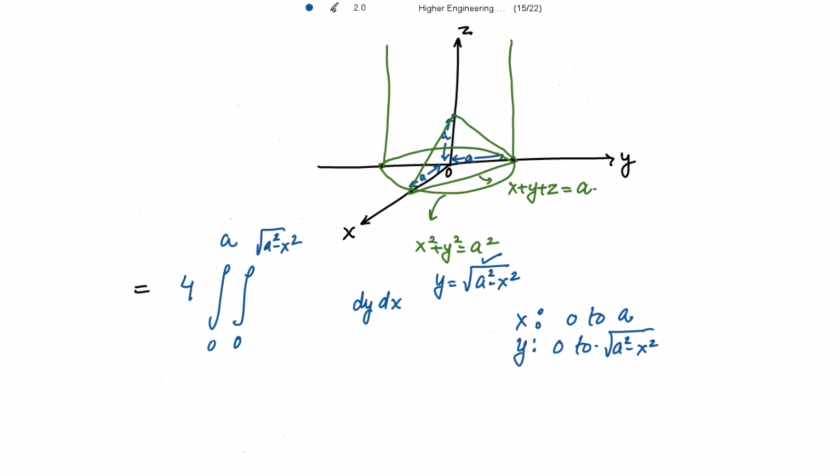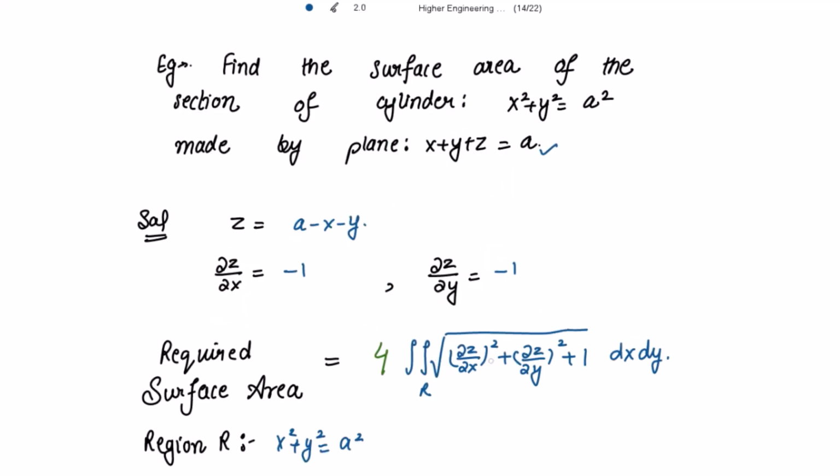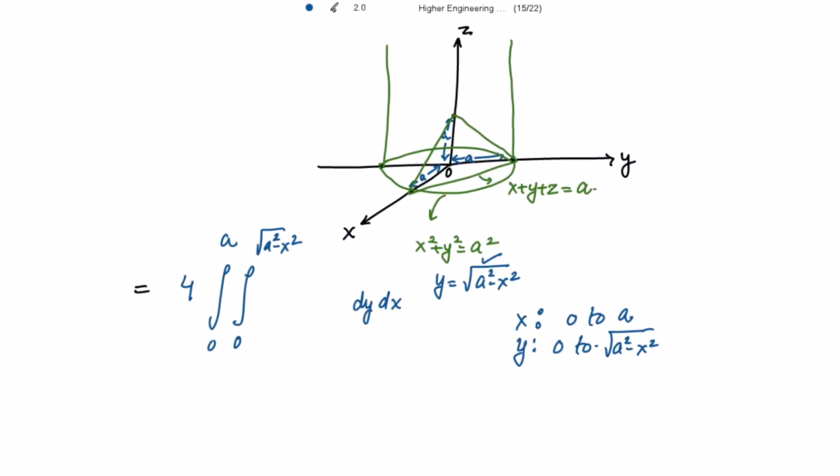And then we have square root of, what is curly z over curly x? That is negative 1, and minus 1 whole square is 1. So here also I get 1 plus 1 plus 1, which is square root of 3. So this is 4 square root 3 from 0 to a.